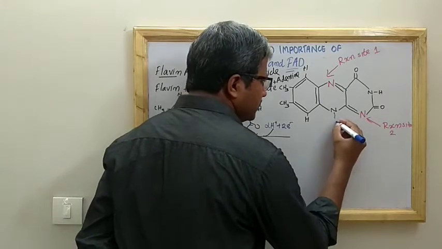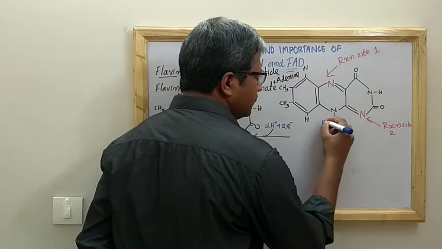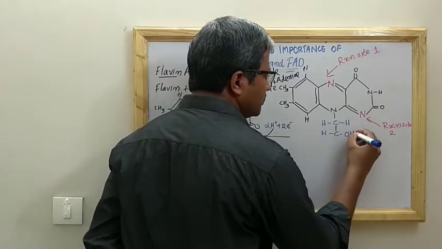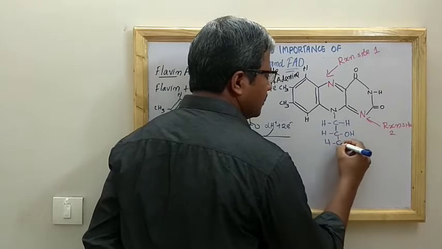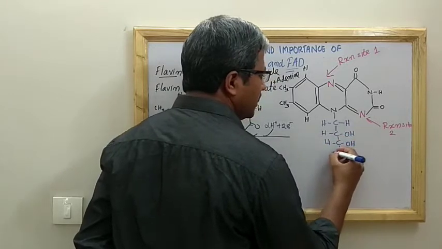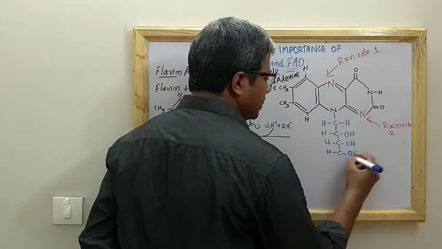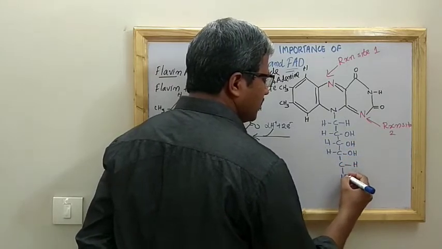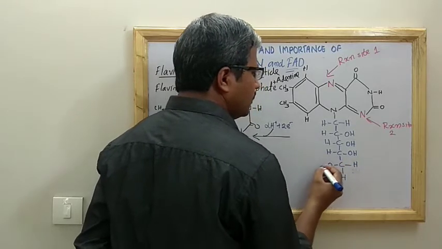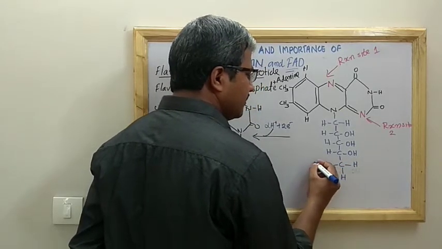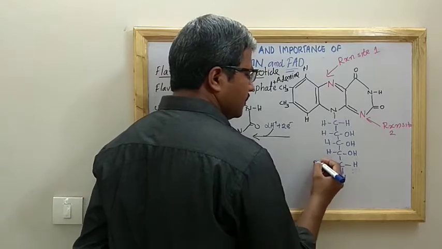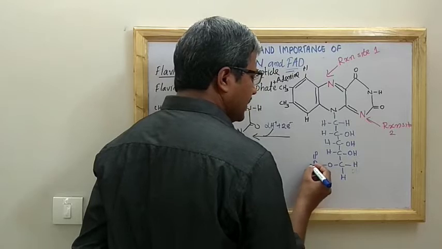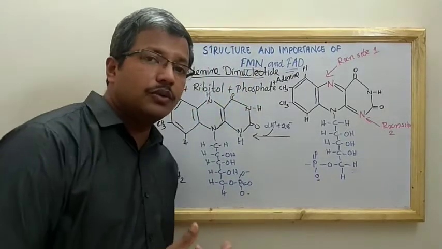So we have to just make H, C, H, OH, C, H, OH, C, H, OH, C, H2, O, and I'm just adding phosphate group. Okay, double bond O, O minus, and again I have to link it with what?